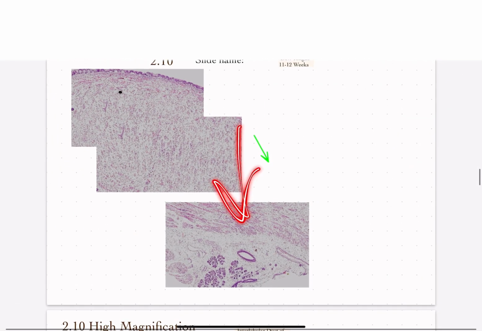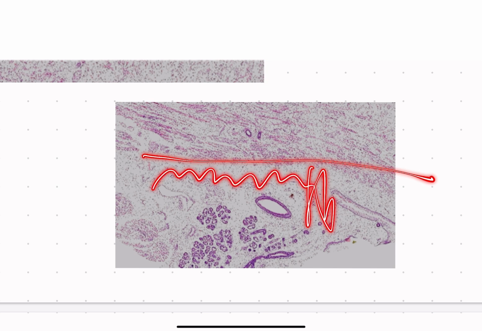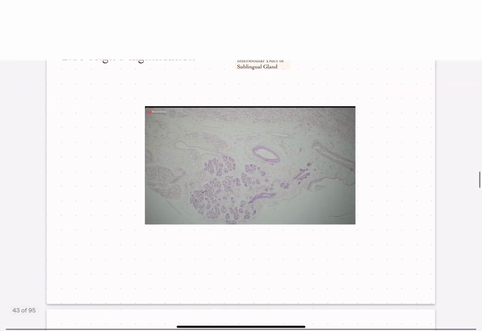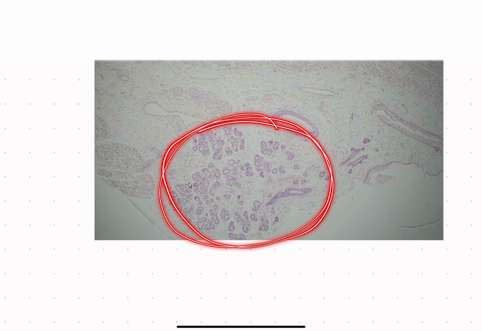This is the exact same slide. We're just zooming further down towards the bottom, and we're seeing this. So that would be the end of the tongue and the beginning of the mesenchyme and the sublingual space. And if we're at the bottom of the tongue, these structures that we see here are all glands that are sublingual, right?